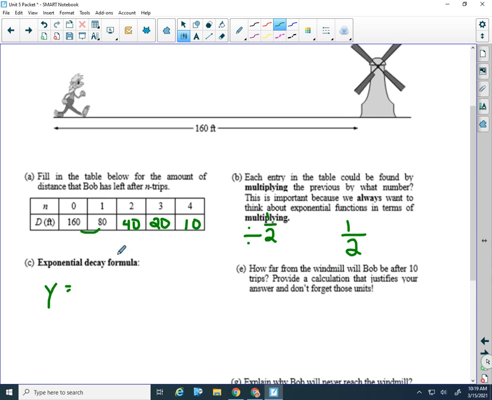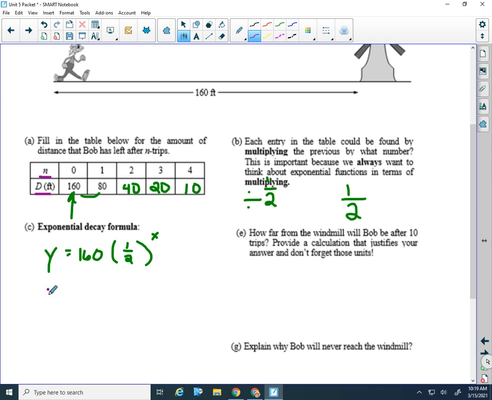So y equals, our starting number is 160 times our multiply rate of a half. And then our exponent is up here. Now we're going to be a little bit fancy and use the letters. That's our y, that's our x. Use the letters they gave us.